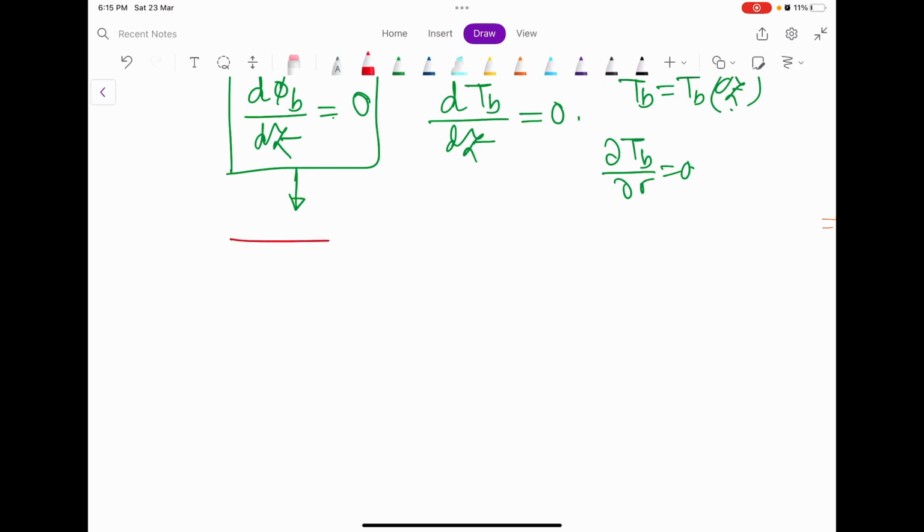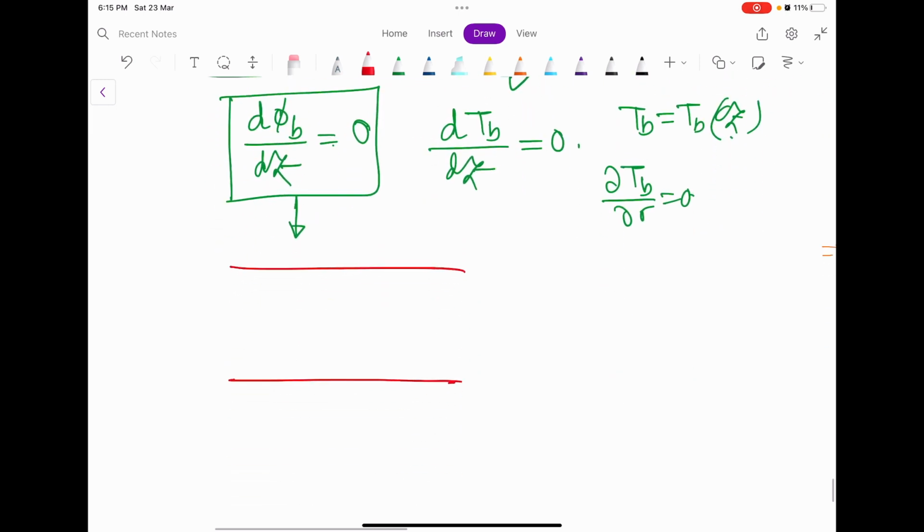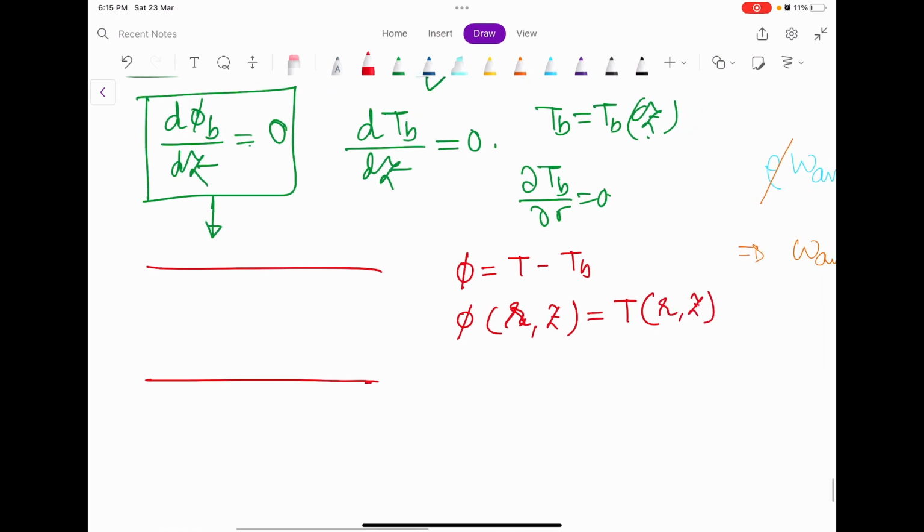Now in the pipe, I have the local variable phi. So phi is T minus Tb. Phi is a function of r comma z, because T is also a function of r comma z, and Tb is a function of z only.